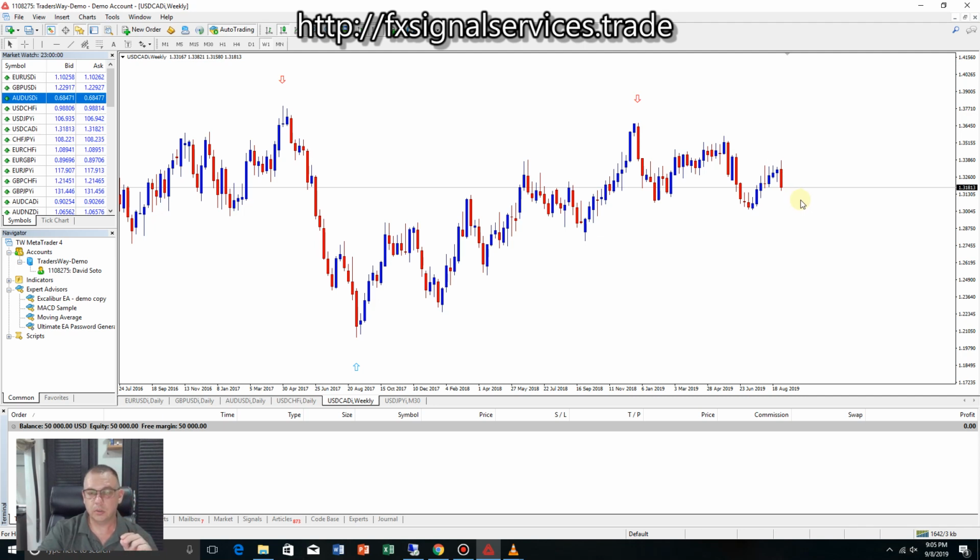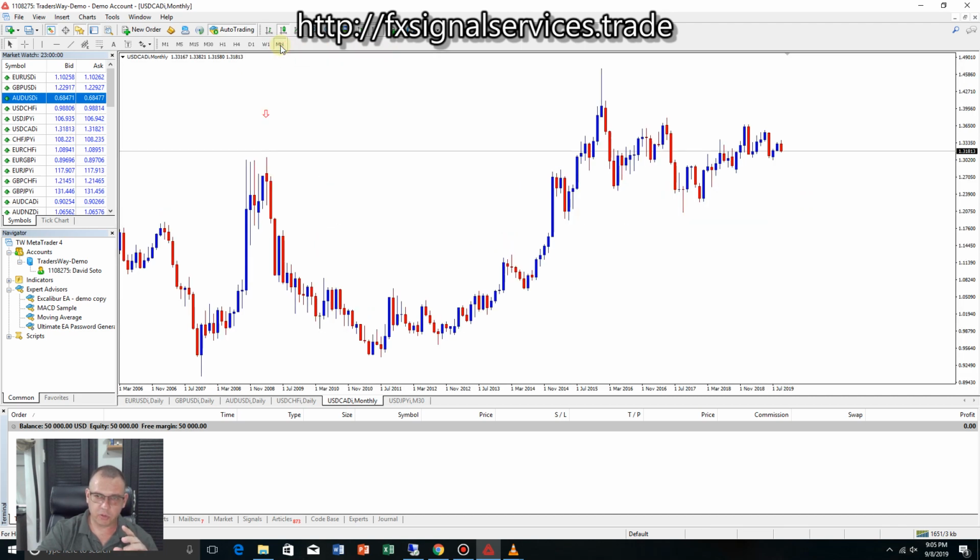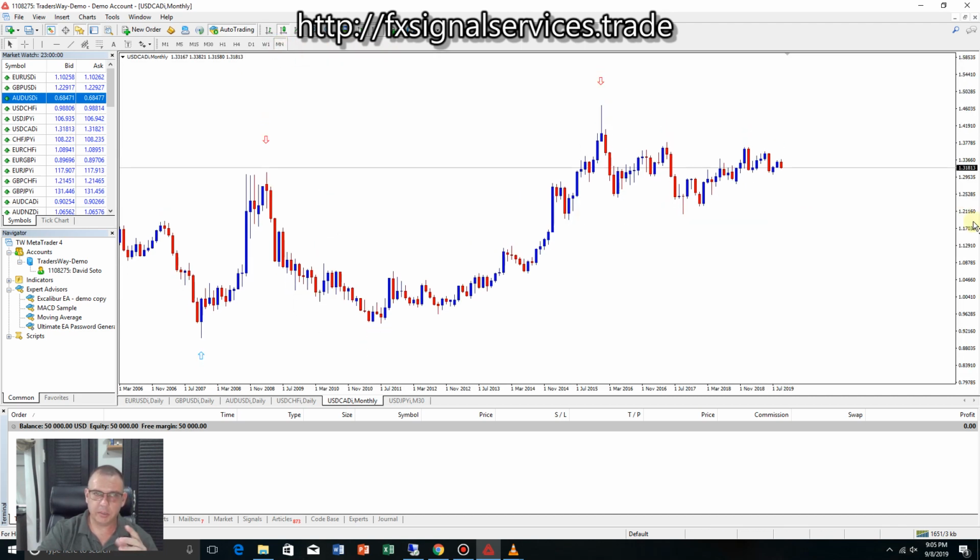This is more or less a 50-50 right now at this point, but overall it's definitely going to be dropping. If you look at the monthly, we have a red arrow, so long term you can definitely expect this to be dropping.